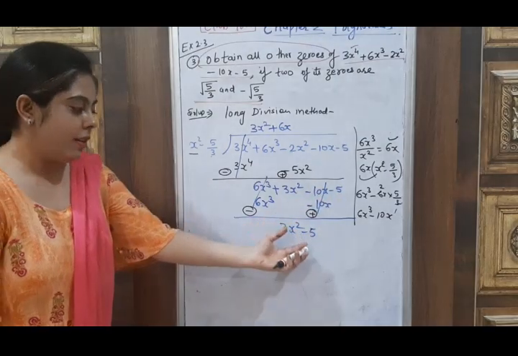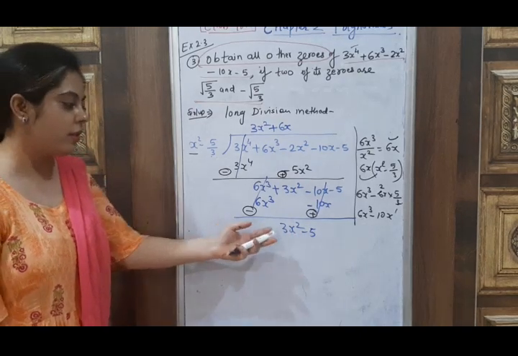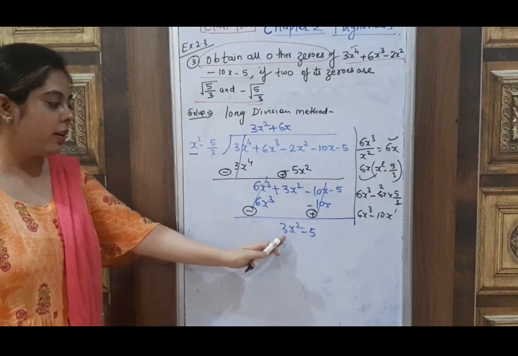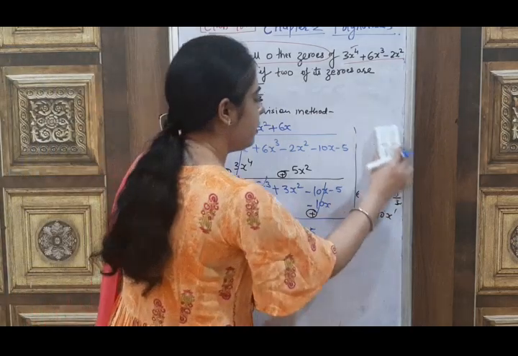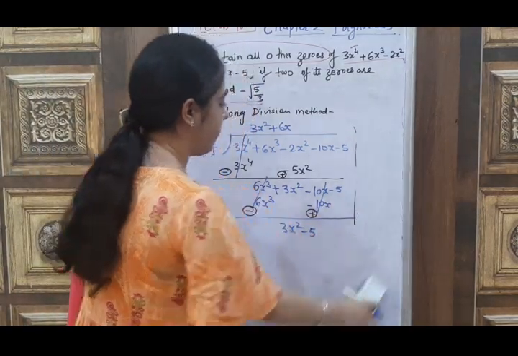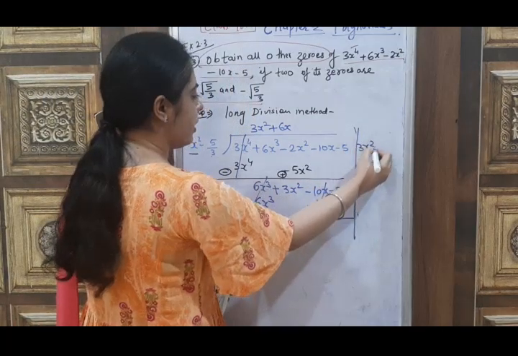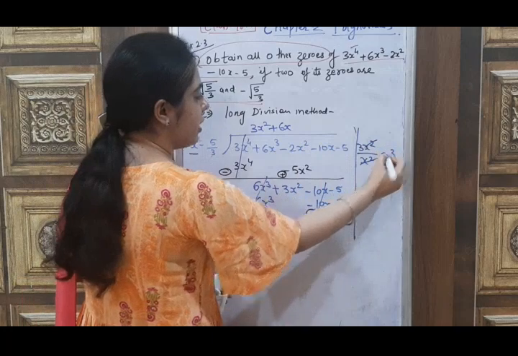So this 3x square minus 5 is a new polynomial which again we have to divide by this. Here you can see the degree of this and the degree of this are the same, so it can be divisible. Now take the first term: here the first term is 3x square and here the first term is x square. When we divide, we get 3.